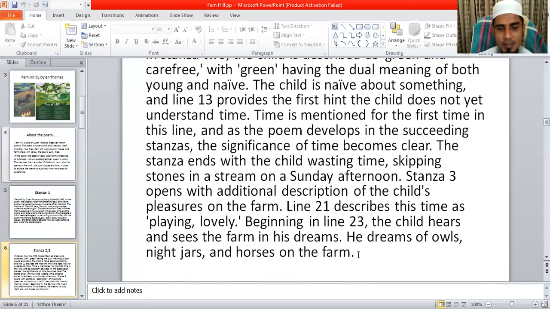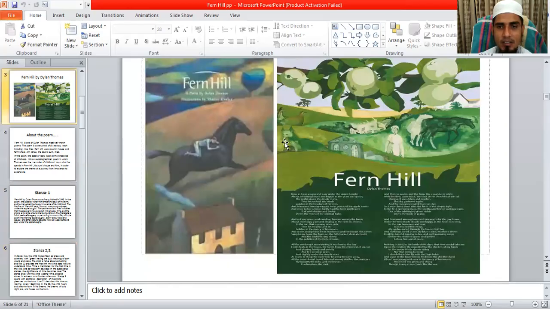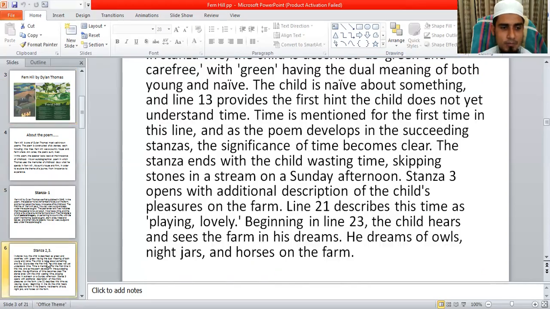He gives a description: the child dreams of owls, nightjars, and horses on the farm. Here you can find a picture that is only possible in a dream. So the poet in his dream enjoys horses, sea sounds, everything that is possible in dreams.